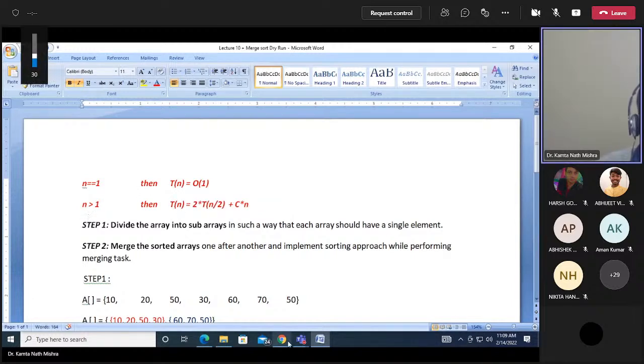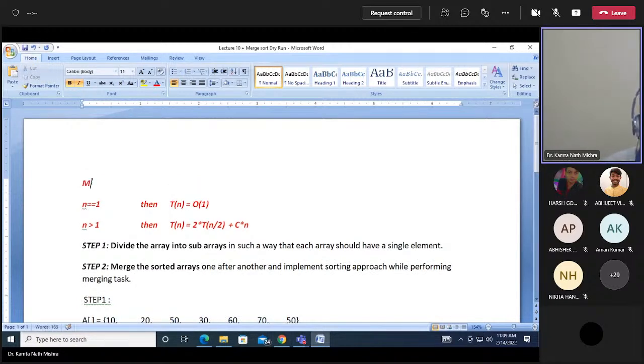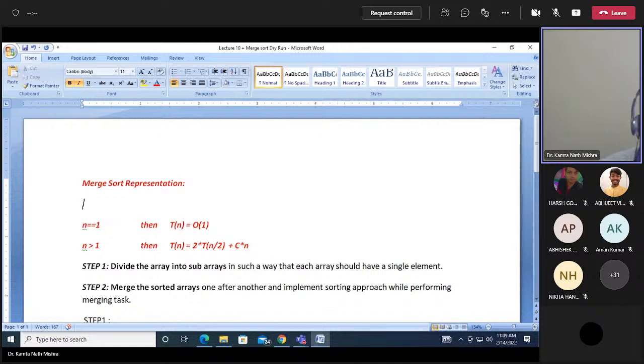Is it clear to everyone? Yes, sir. So I'm writing, this is the merge sort representation.